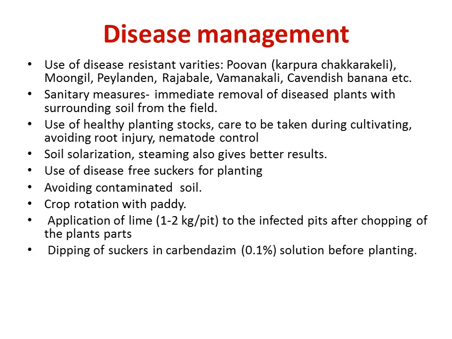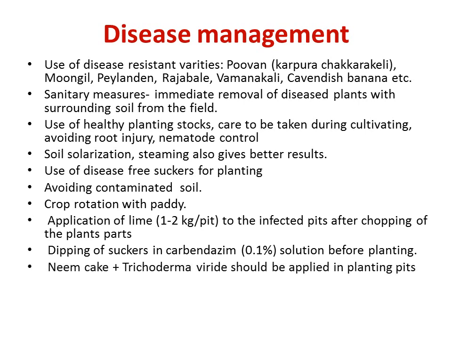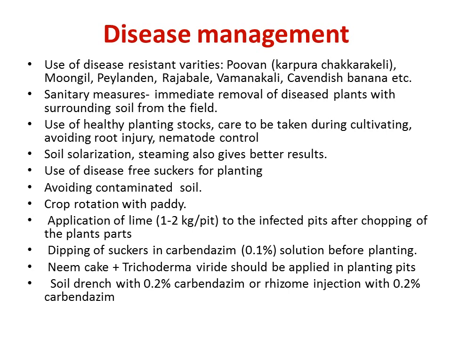Crop rotation with paddy, application of lime 1 to 2 kg per pit to the infected pit after chopping of the plant parts. That is, after the infected plant has been removed from that field, the propagules may persist in that soil. That is the reason we can apply 1 to 2 kg of lime so that we can control this pathogen.